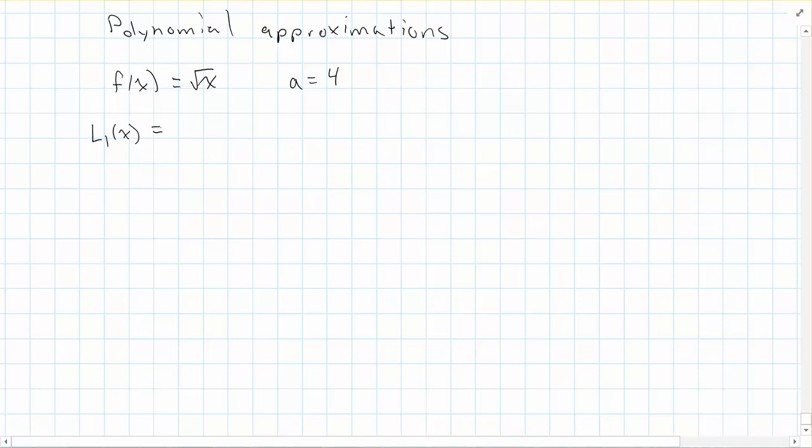And L1 is going to be equal to 2 plus 1/4 times x minus 4. This was my linear approximation.